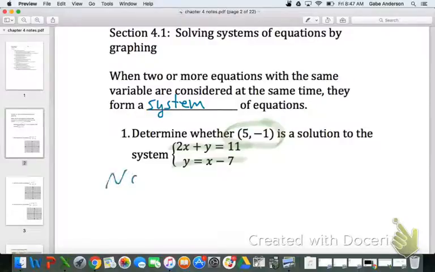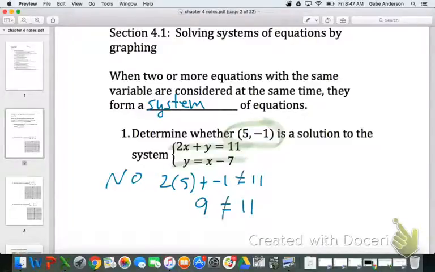What would be your work to back that up? What did you write? I plugged the 5 in for x and negative 1 for y. Okay, so 2 times 5 plus negative 1 equals 11. Yeah, and then it would be 10 plus negative 1, but that would be 9, not 11.